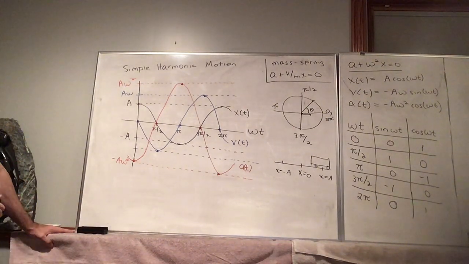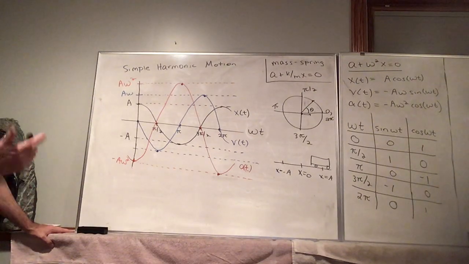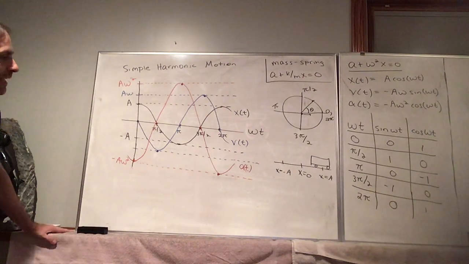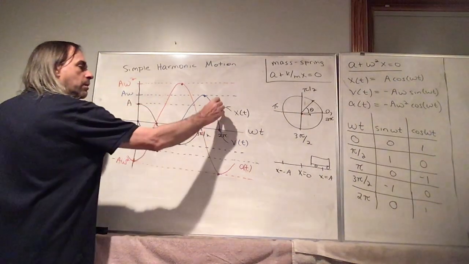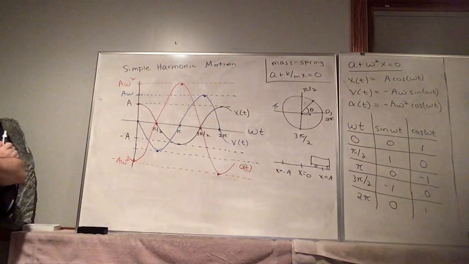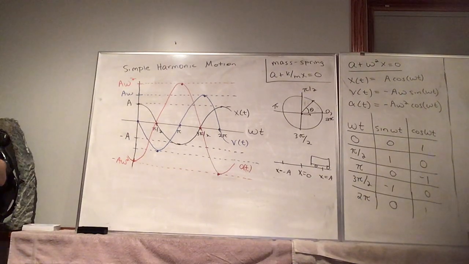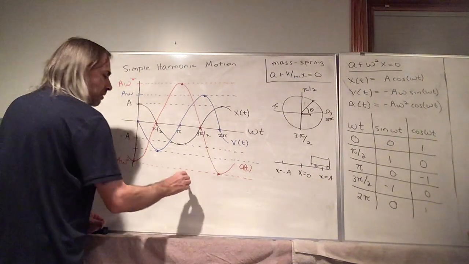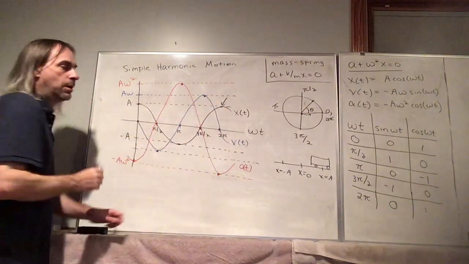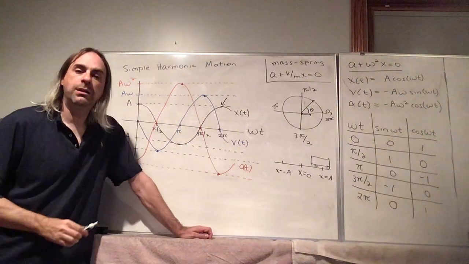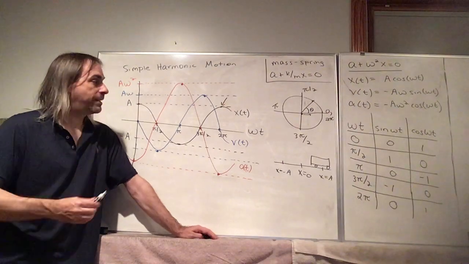So let's look at this graph again. We can look at anything, but I think position will be easiest. We start out here, and after this, when omega t is equal to 2 pi, so if we look at this point here, we have completed one cycle. We're back to x equals a.